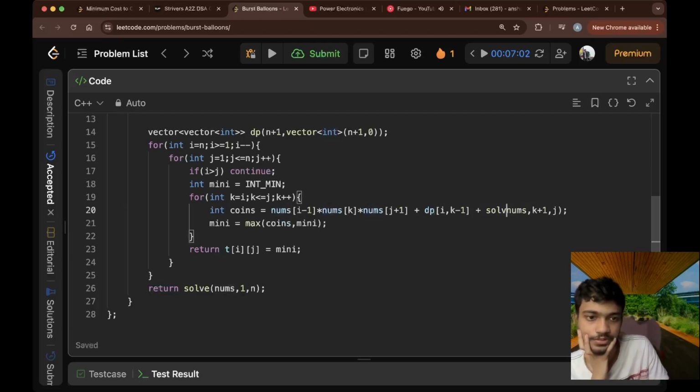Here also dp of k plus 1. And okay, no need to return anything, just save it.